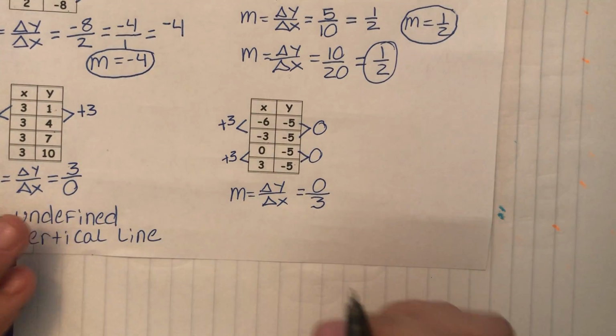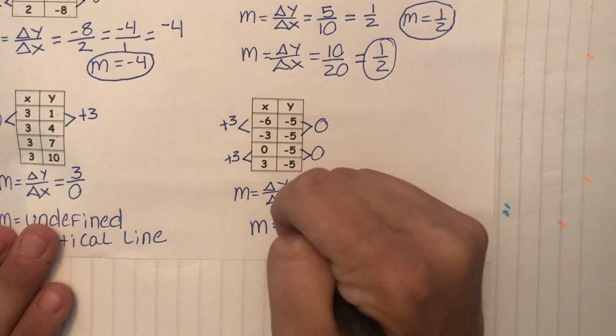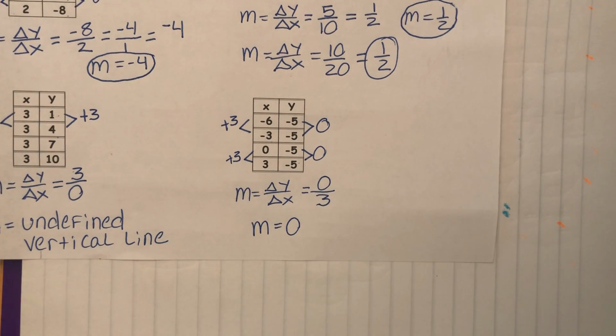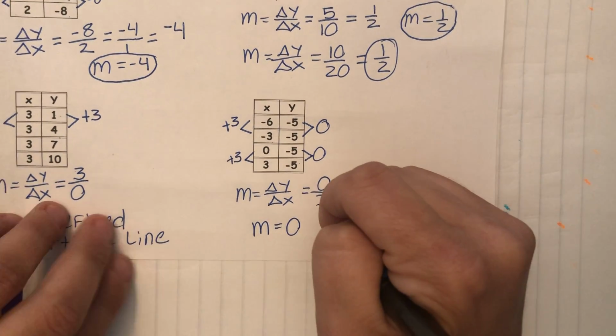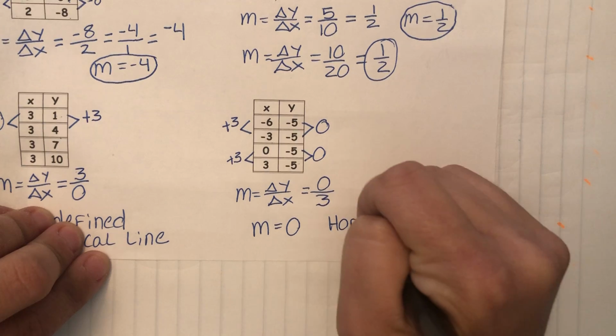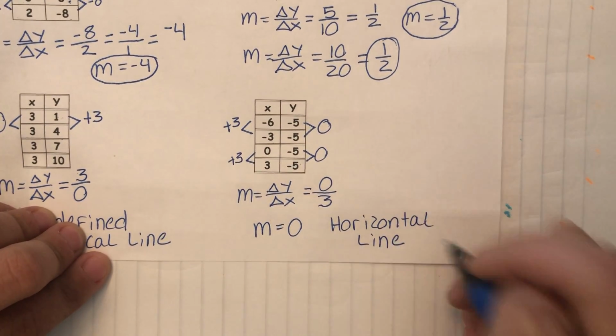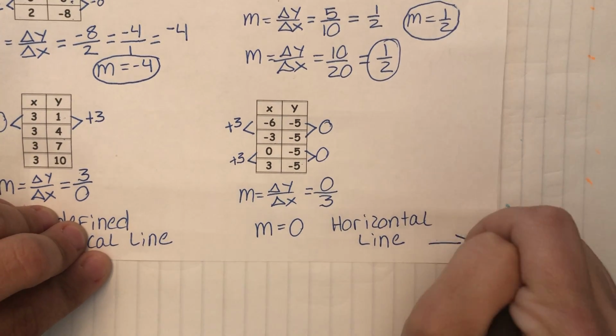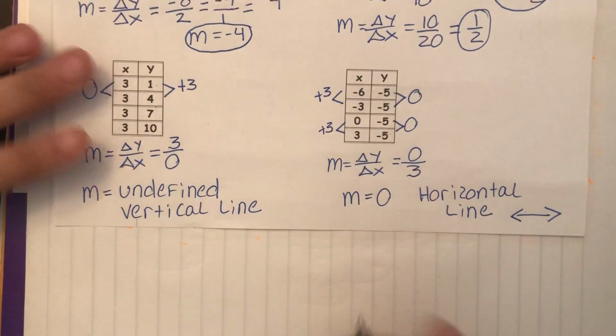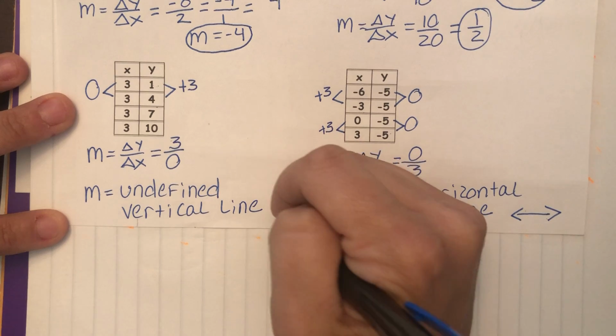Our slope is 0. And we learned previously that when we have a slope of 0, that is a horizontal line. Horizontal line. This over here is a vertical line.